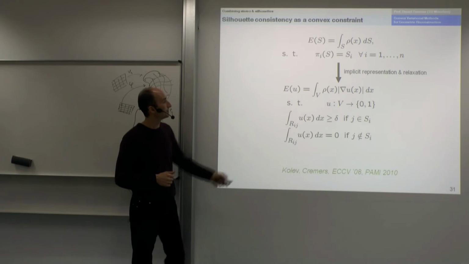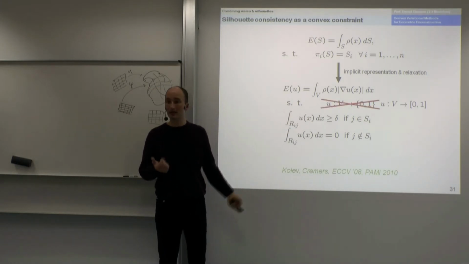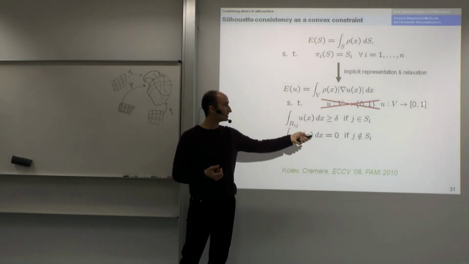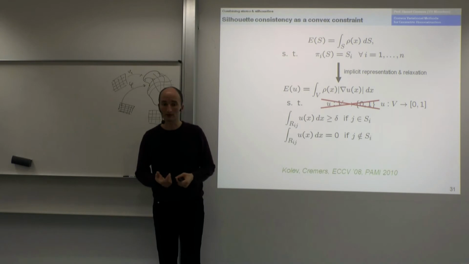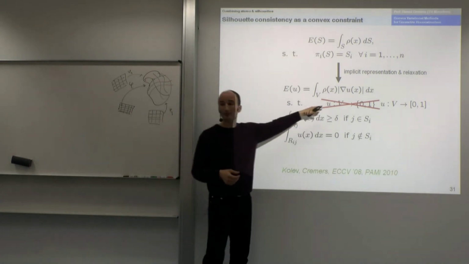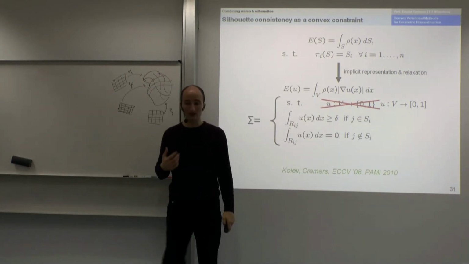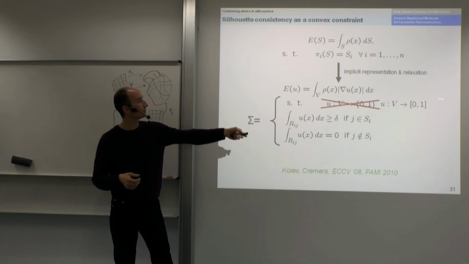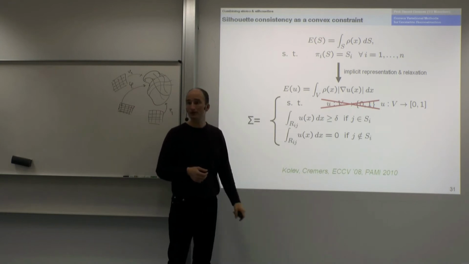The only aspect that makes it not convex is, of course, this binary representation, but as you recall, what we always do, and this is why the chapter is called convex methods or convex relaxation methods, we drop the binary constraint here. And as a consequence, we get a domain that is functions with values in the interval 0, 1 that fulfill these two types of constraints.